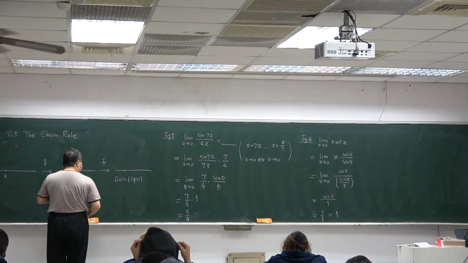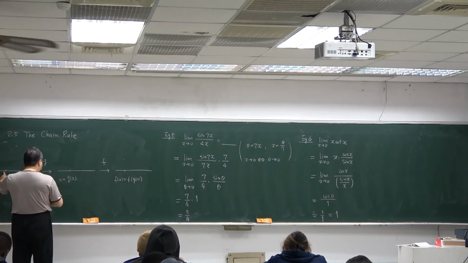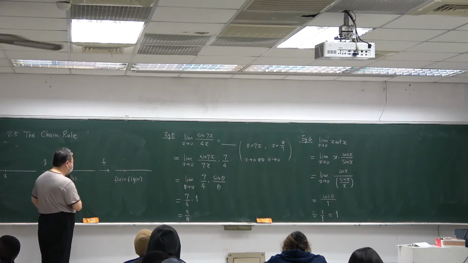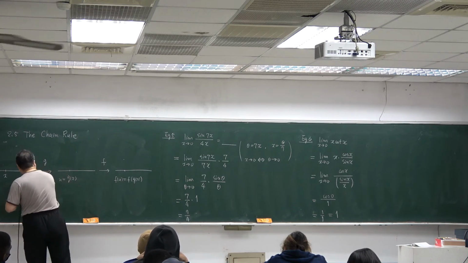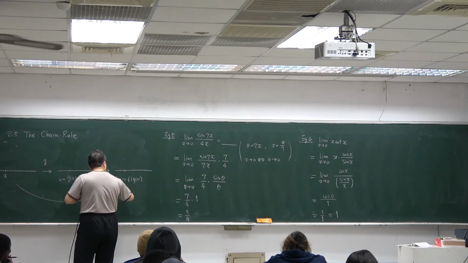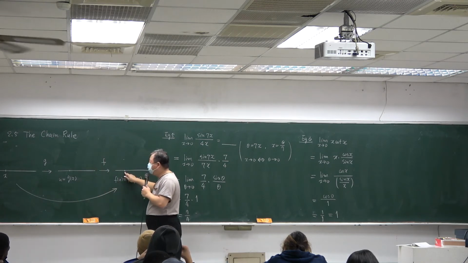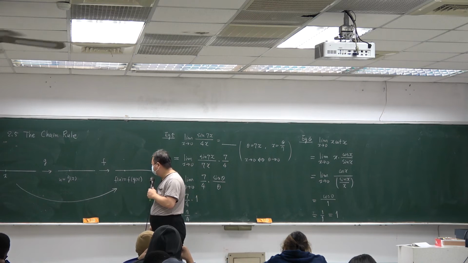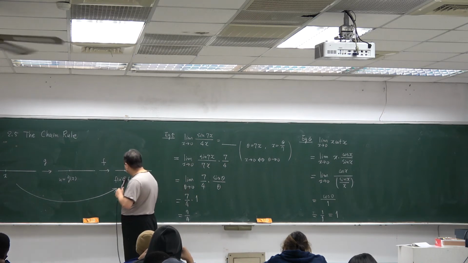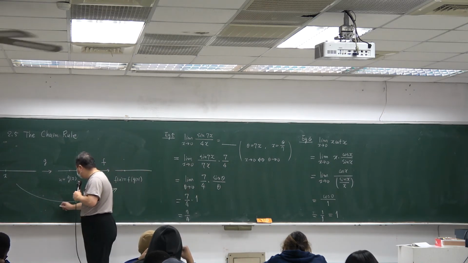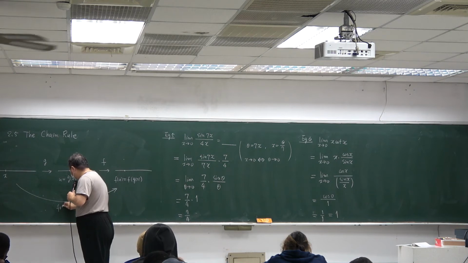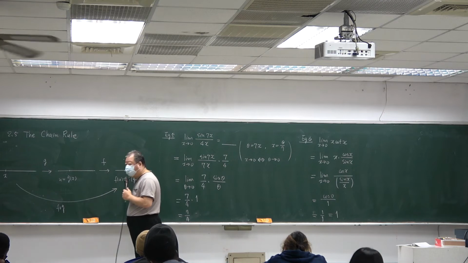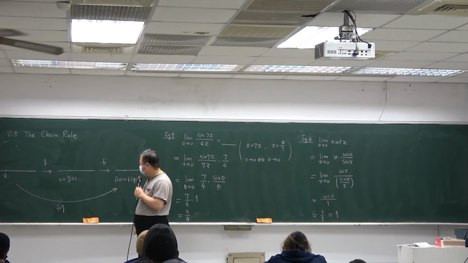In this case, when x is given and g of x is in the domain of the function f, this number is completely determined by these two functions, and we call this number f circle g, the composition of these two functions, f and g.